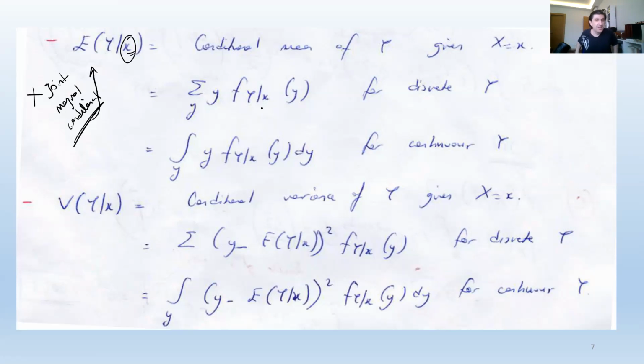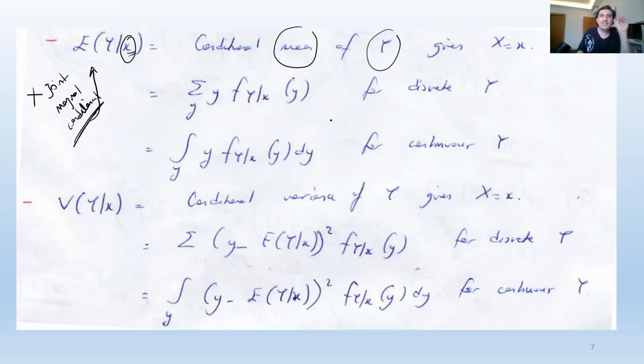Or, let's make it related to chemical engineering: given that the current pressure of a distillation column is 2.1 atmosphere, what is the expected value of the top tray temperature? So this is the conditional mean of y given x is equal to some value.